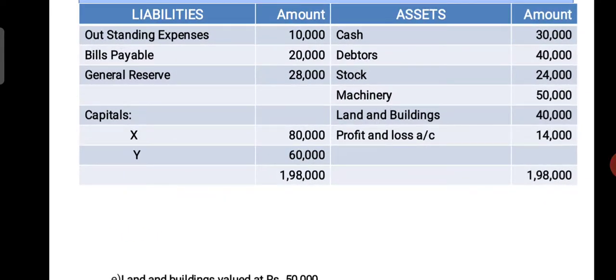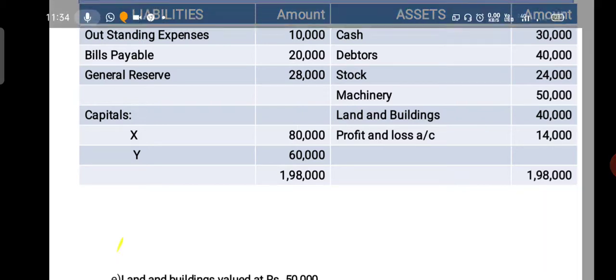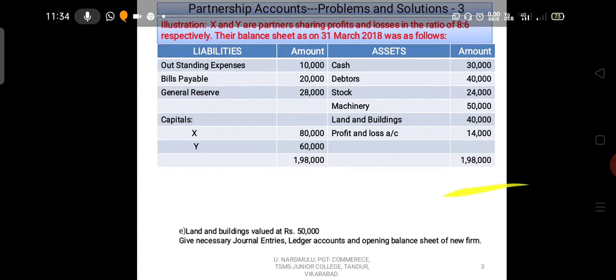These two points you have to remember. General reserve is on the liability side and profit and loss account is on the asset side. When the profit and loss account appears on the asset side, that is called a loss. The general reserve is an undistributed reserve. These two items we distribute between the old partners according to their old profit sharing ratio.